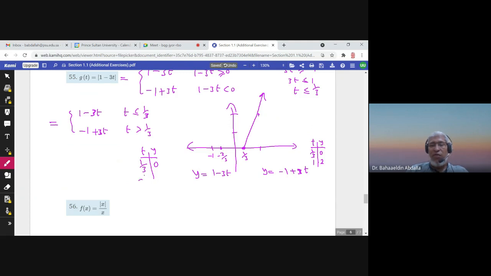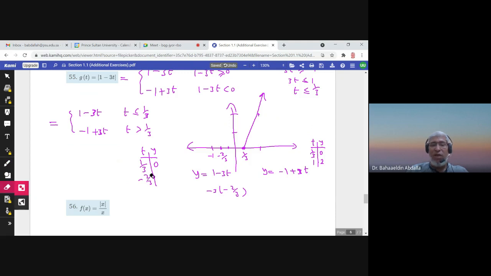If I choose negative 2 over 3, negative 3 times negative 2 over 3 would be positive 2. So 1 plus 2 is 3. I need negative 1 over 3. So I'll choose negative 1 over 3.